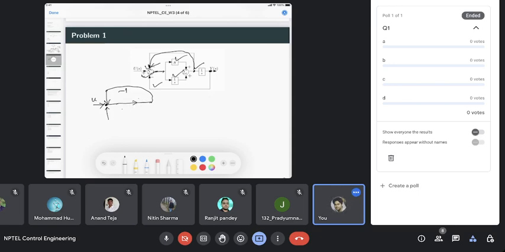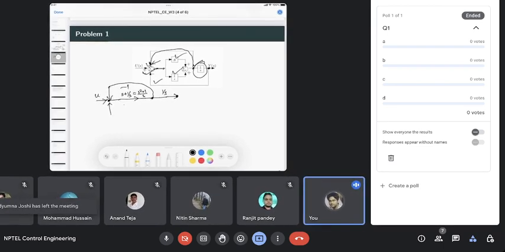In signal flow you can write this as a gain instead of the block representation. So this gain is S plus 1 by S, which is equal to S square plus 1 by S, right? And after that there is this gain 1 by S, so you have another gain 1 by S with an arrow, and then this signal is again fed back with a minus sign here.